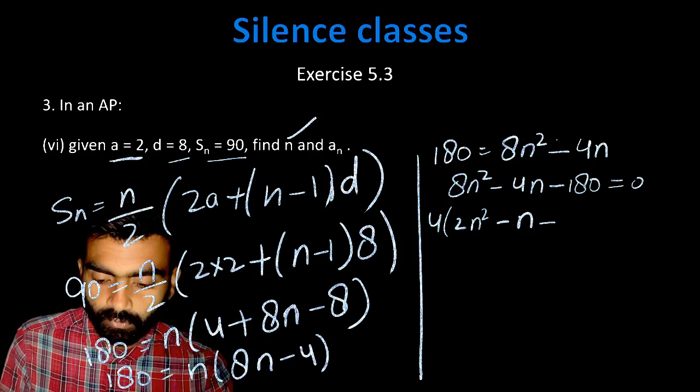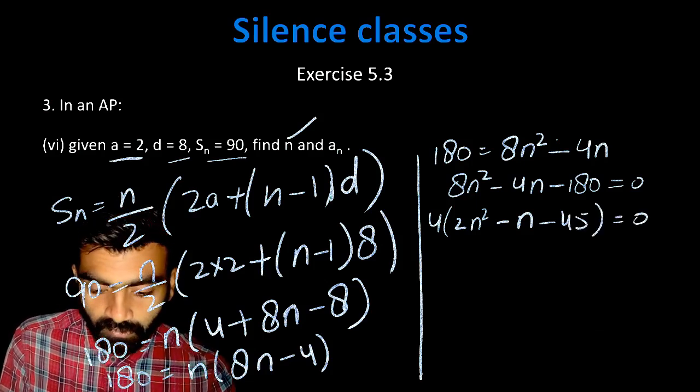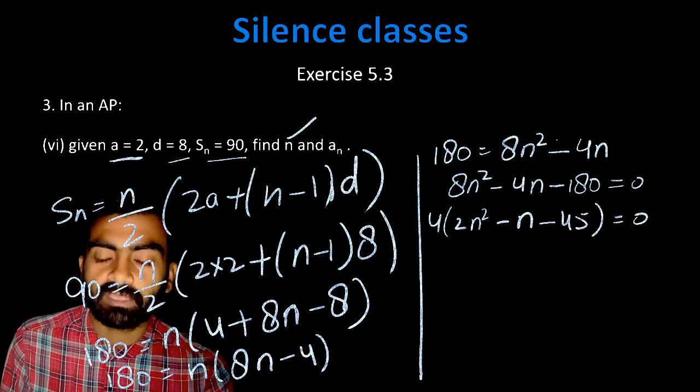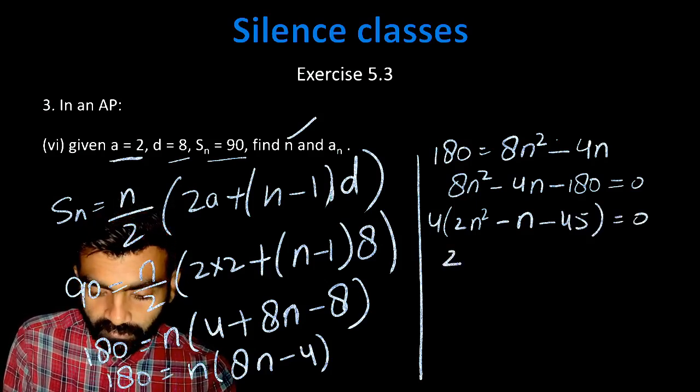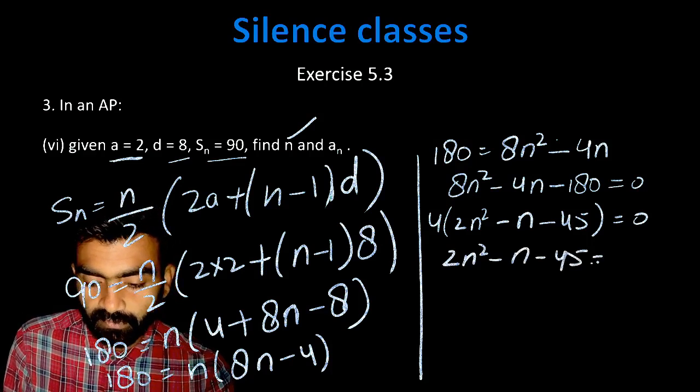So minus 45 is equal to 0. Once I send this 4 to the right hand side, it will become 0. So we will get 2n square minus n minus 45 is equal to 0.